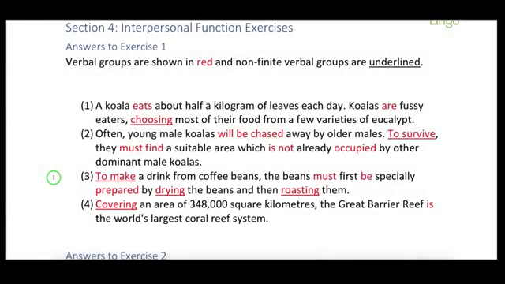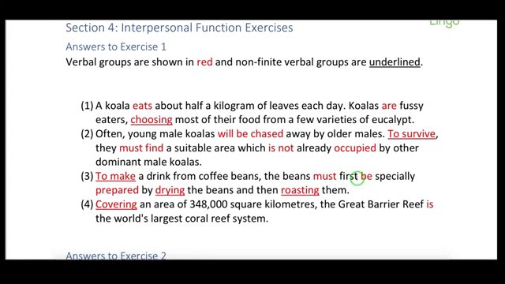In the next example, it begins with a non-finite, to make. And then the next verbal group, must first be specially prepared. That's an interesting one because there's only one verbal group there, must be prepared, but it's got a lot of interrupting adverbials.